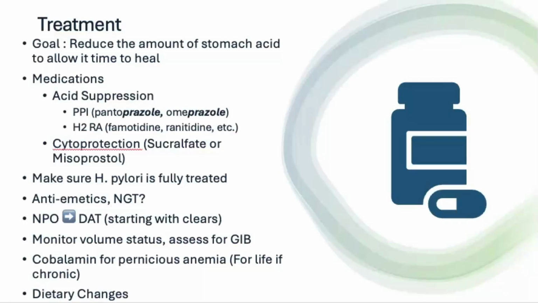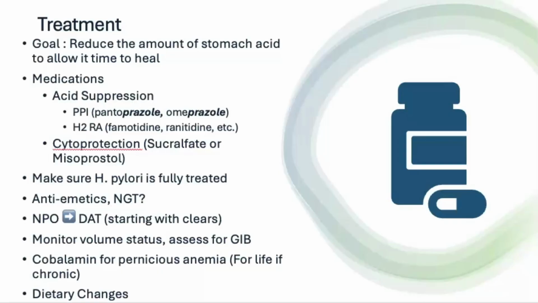Other treatments, again, as I mentioned before, if someone's diagnosed with H. pylori, you want to make sure that it's fully treated and eradicated so that it doesn't come back and rear its ugly head. If patients are nauseous, vomiting, we can administer antiemetics. In some cases, may have an NG tube placed.